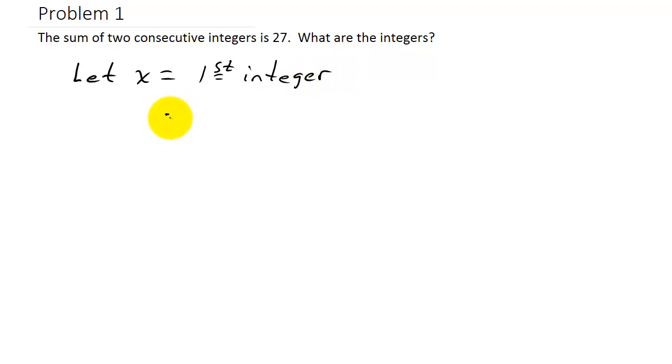Okay, and so what would be the second integer? Well, it would be the very next integer, so it would be what?